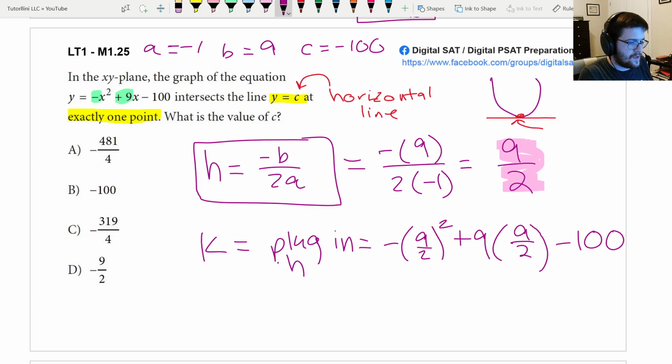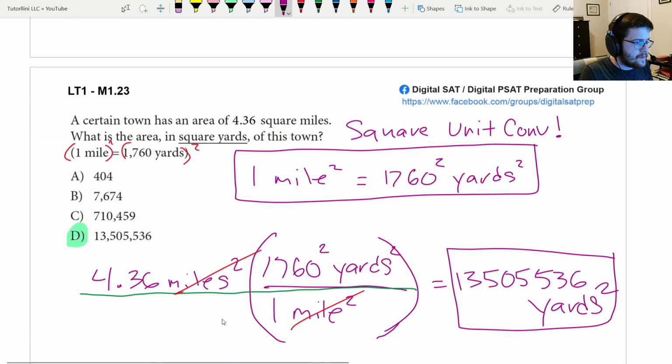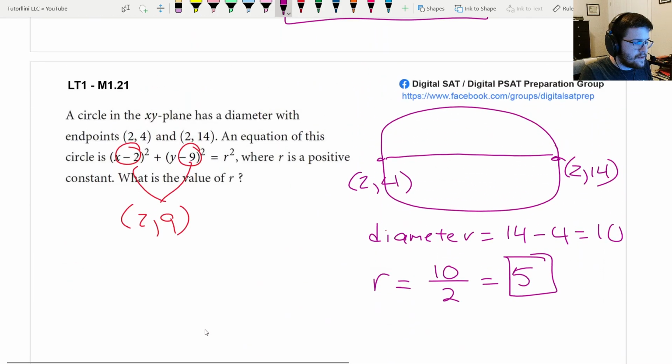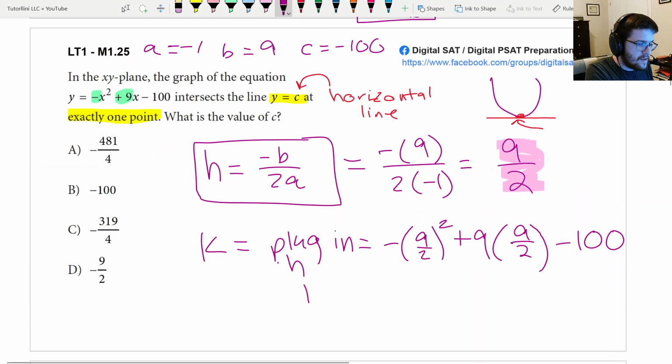And let's see what that gives us. So hopefully I did all that right. 9/2 squared plus 9 over 2. And I get, oh, also, did I check the last one? Was 24D? Yeah. Was 23D? Yeah. 21 was 5. Yeah, definitely check that one. Okay, good. All right, so I got k is negative 319 over 4.